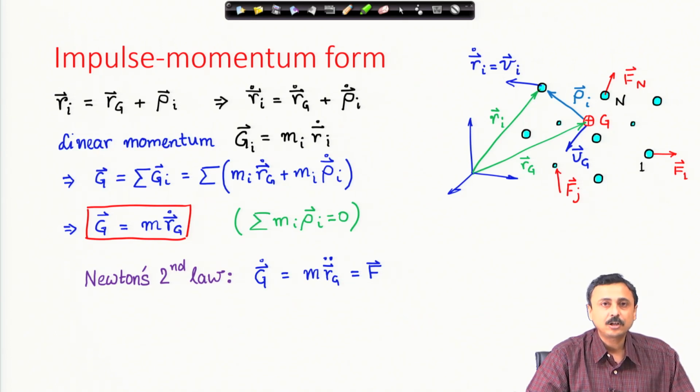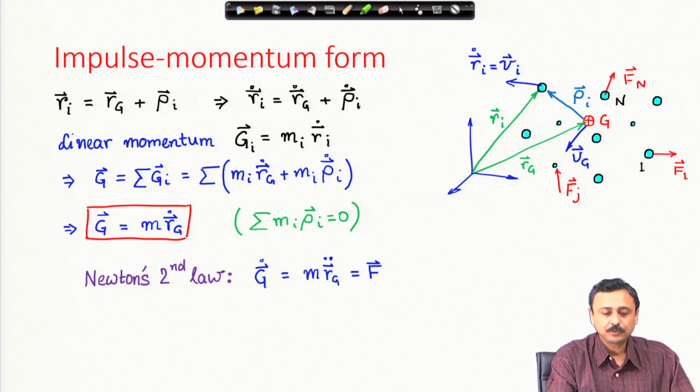Now, the generalized Newton's second law for the system of particles. Let us start by differentiating this linear momentum of the whole system. If I take the time derivative of capital G vector, I get mass times acceleration of the center of mass, and mass times acceleration of the center of mass, from Newton's second law for the system of particles, is equal to F, the net force acting on the system of particles.